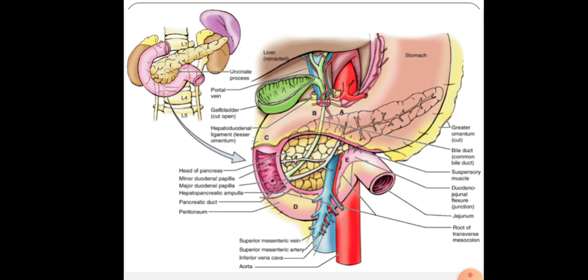Also, we can divide the duodenum into the superior part, descending part, horizontal part, and ascending part. The first part is about 2 inches, the second part about 3 inches, the third part 3 inches, and the fourth part 1 inch.